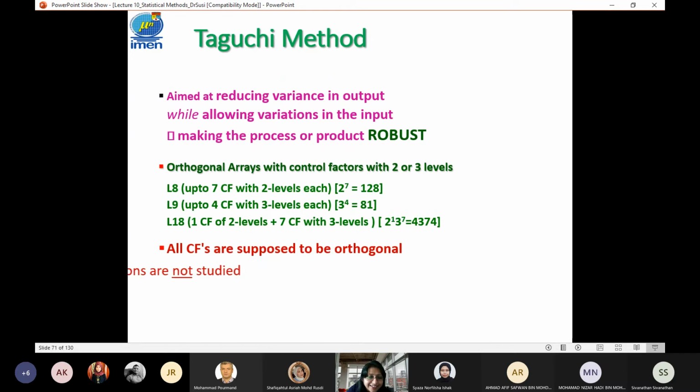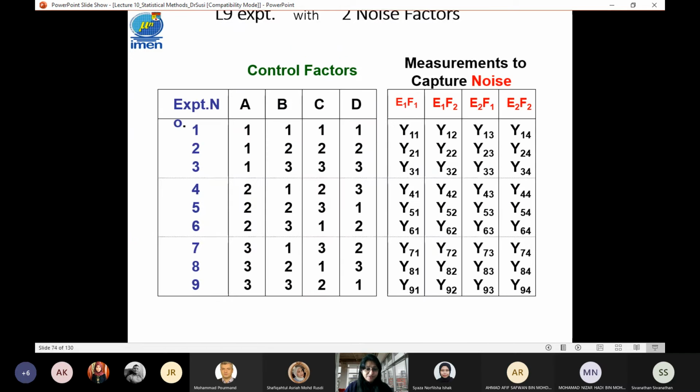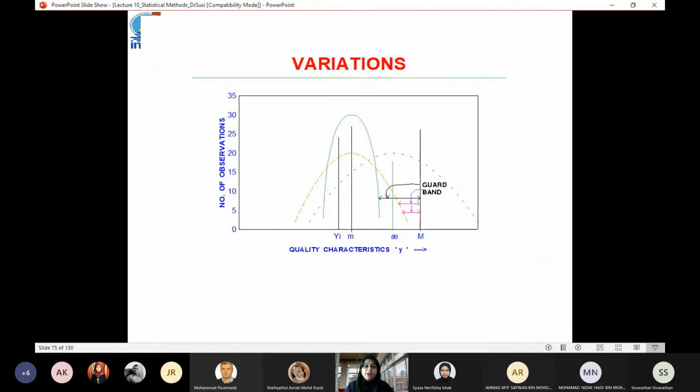All right. What is the aim of the Taguchi method, and in fact all statistical methods? You start with the initial measurement, and the first thing that you want to do is reduce your variation. You try to make the Gaussian curve smaller, right?